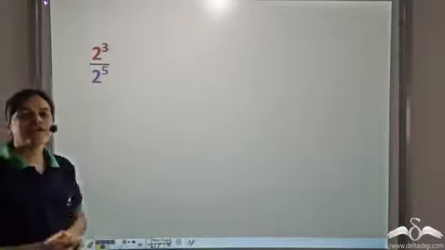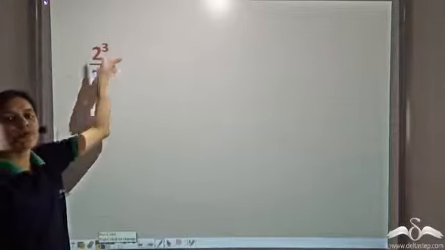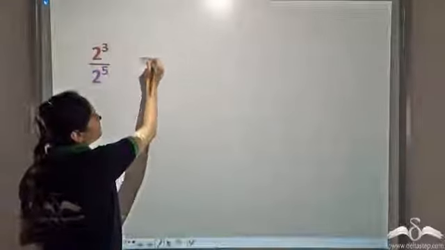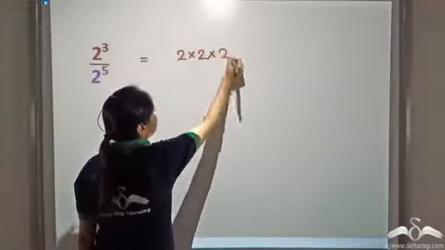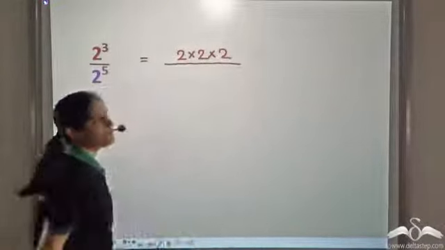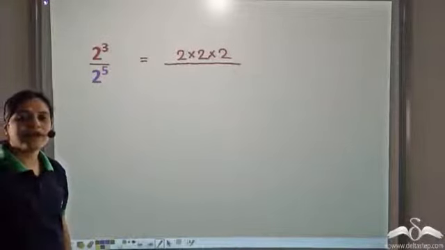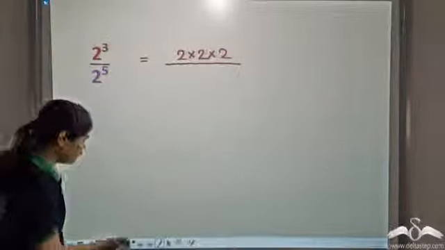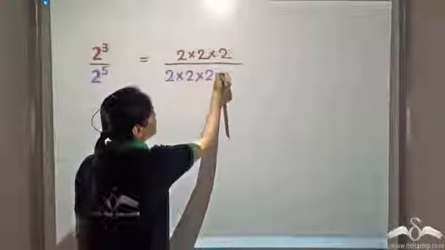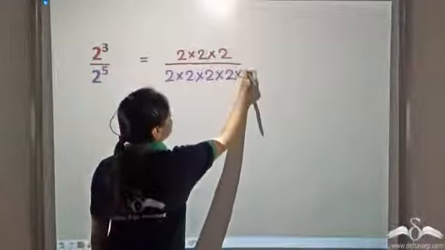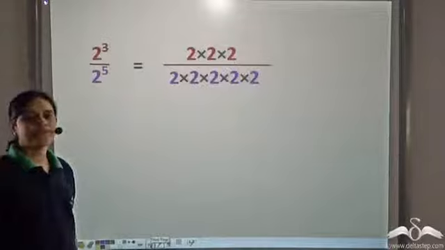Let us see what happens in this case. Now 2 cube, that is 2 to the power 3, is 2 multiplied by itself 3 times. 2 to the power 5 is 2 multiplied by itself 5 times. So this is what we have.